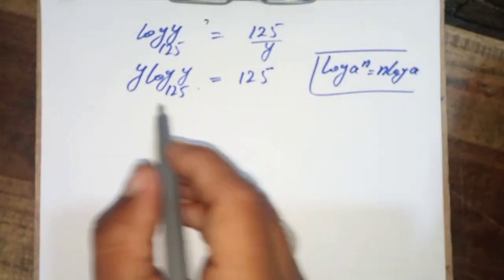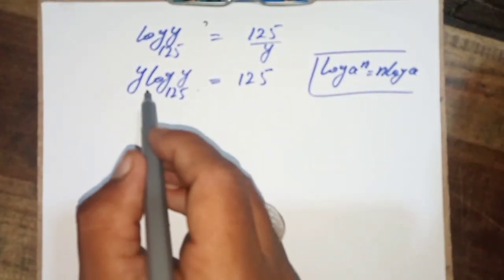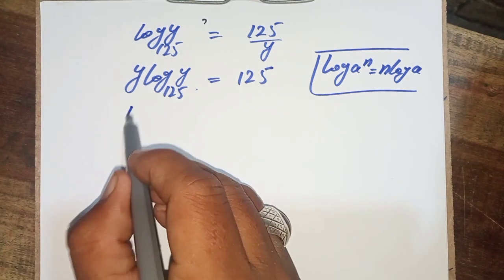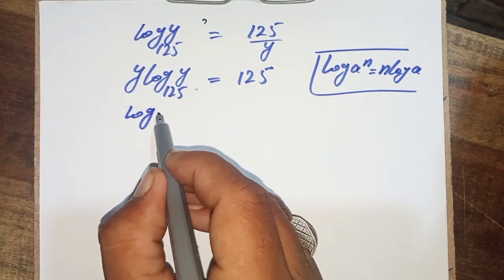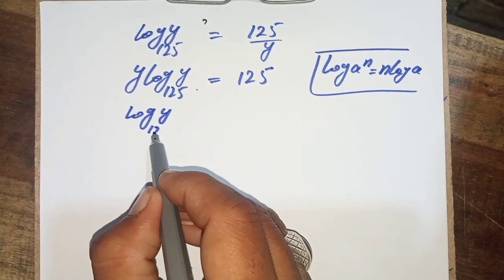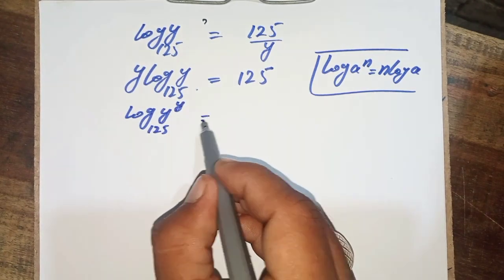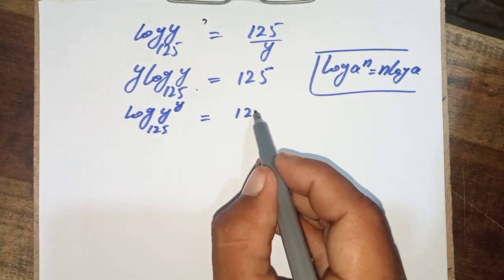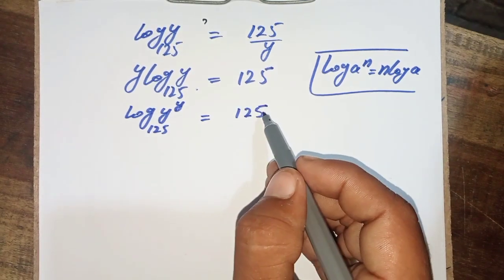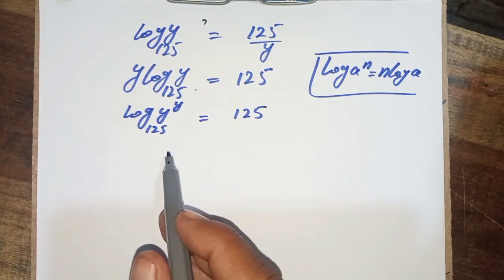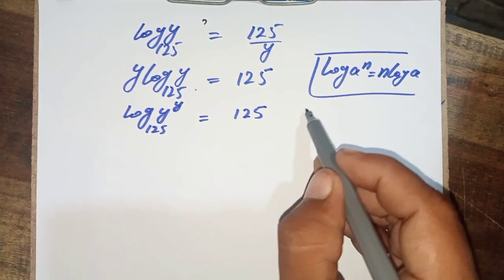This rule applies here, and the equation becomes log base 125 of y^y is equal to 125.